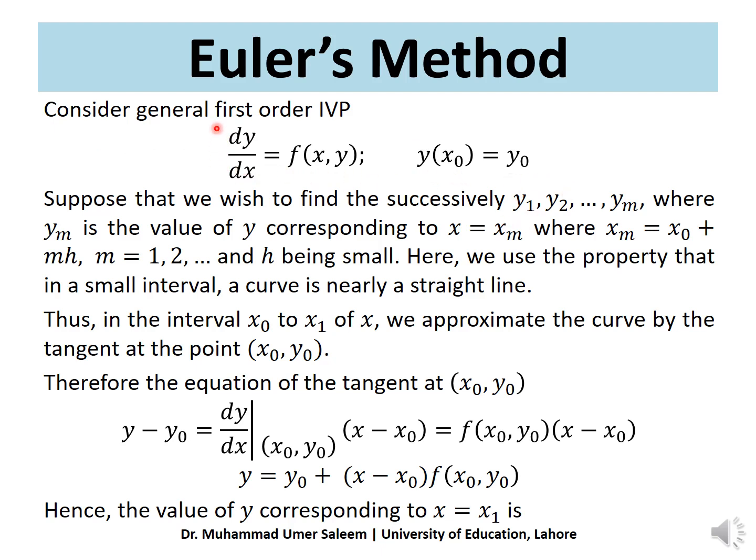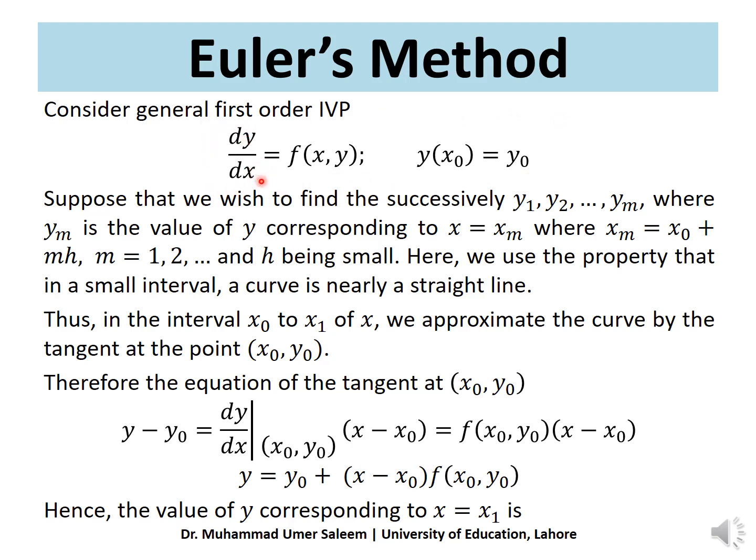So we'll be dealing initially, as I told you in the last lecture, with the initial value problem, in fact the first order ordinary differential equation, because once we develop the method for the first order differential equation, we can use that same method for a system of first order differential equations and higher order as well, since a higher order equation is converted into a system of first order differential equations. So this is the general form of a first order differential equation, and this is the initial condition. Together this is known as the general form of the initial value problem.